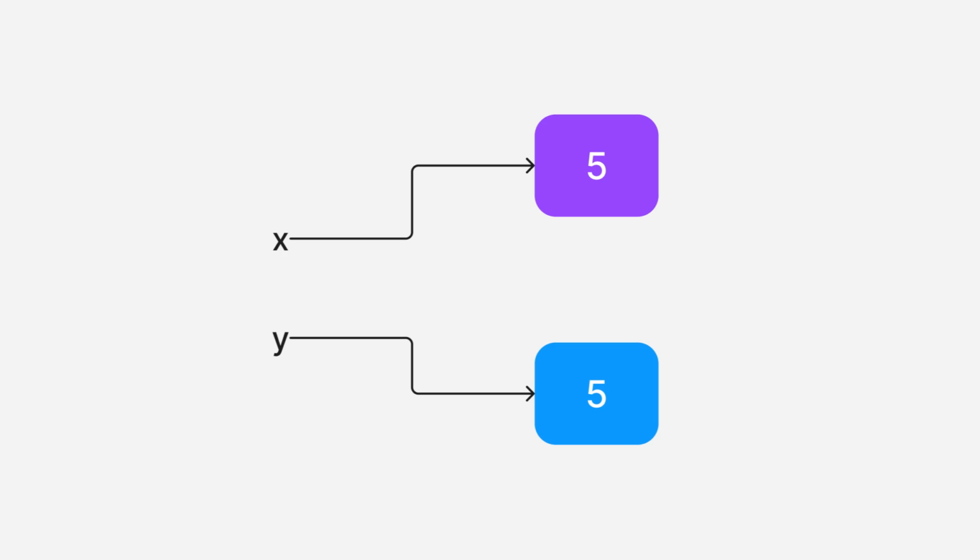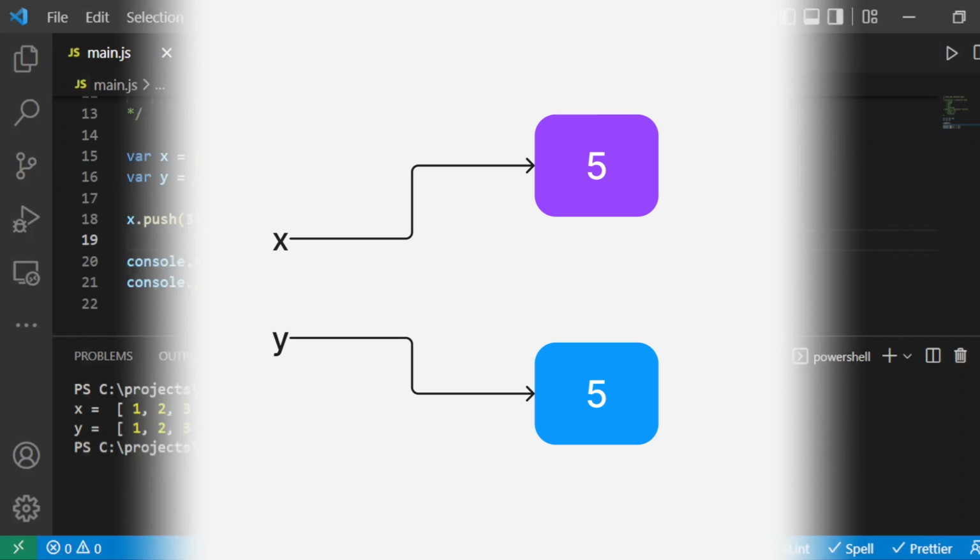It will make a copy of this data and then pass it. x and y both will have their own copy of data. But in the case of pass by reference, JavaScript will not create another copy of this array or object that we want to pass, but instead it will give you a reference to work with this array or object.